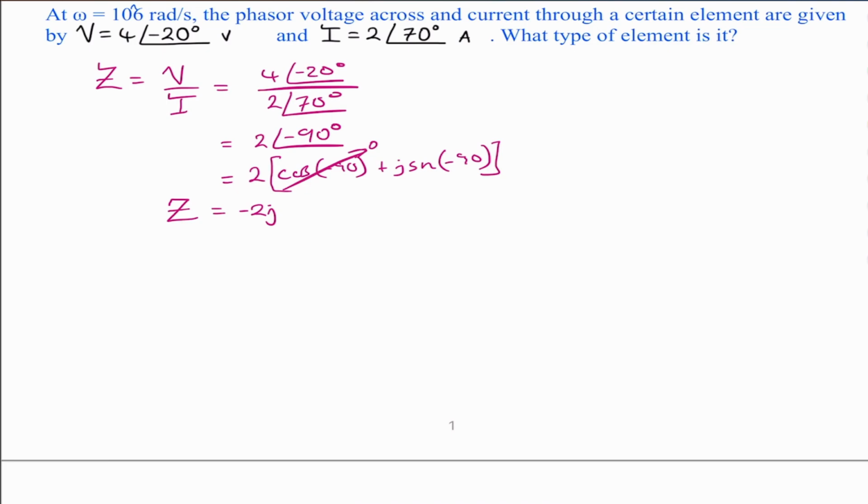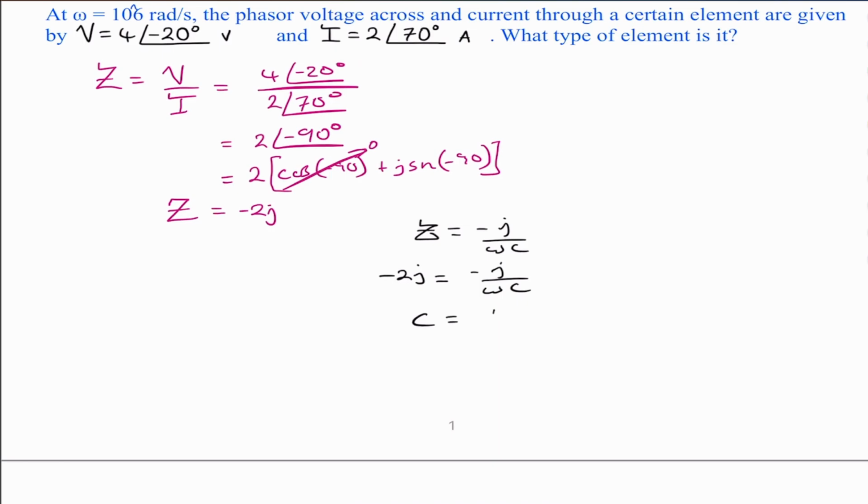Now that we know that it is a capacitor, we can calculate its capacitance using the same impedance. The impedance of a capacitor is equal to negative j over omega c, and we can replace the impedance with negative 2j, and then solve for c.